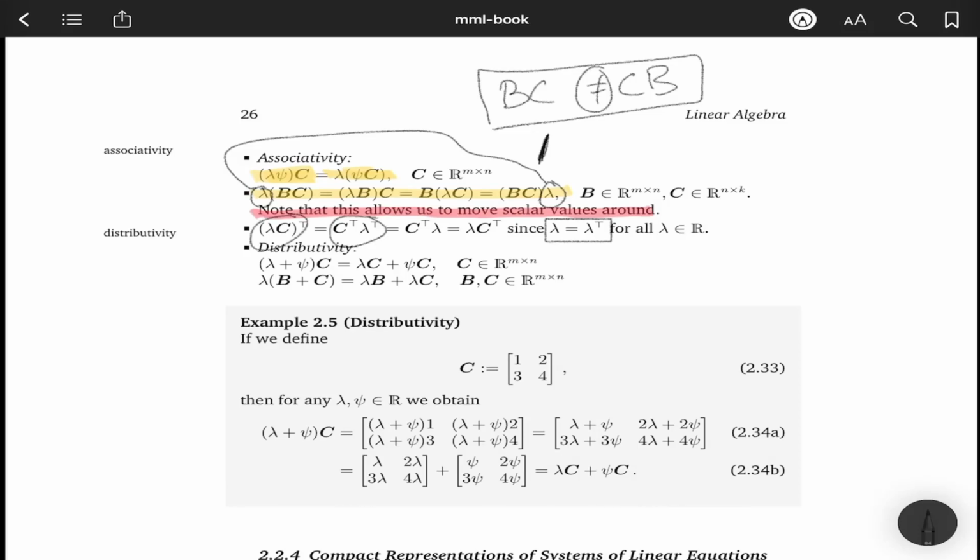You just transpose a matrix and then you multiply with the not transposed scalar. You do the not transposed scalar and multiply it with the transposed matrix. So it does not matter. So if it does not matter, then I just will remove that.